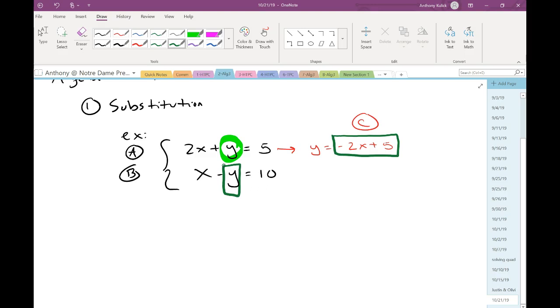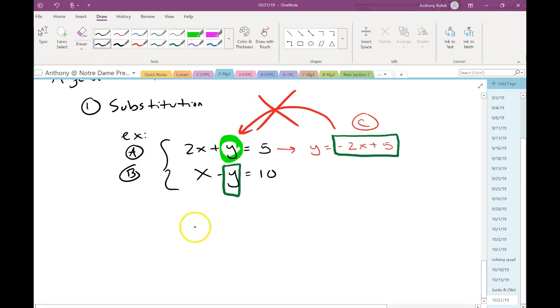Now, important thing to note here, I cannot ever substitute back into the equation that I started with. That's a bad idea. Everything is just going to cancel out if you do that. Have to make sure you're substituting into an unused equation. Everybody's okay with that idea? Okay.